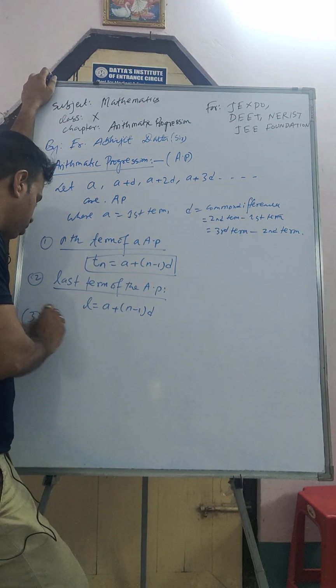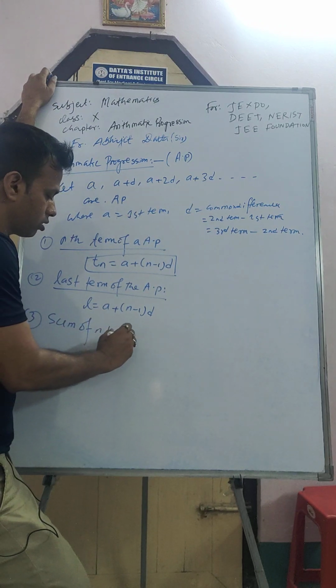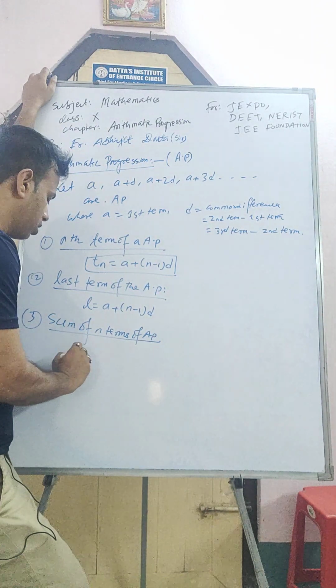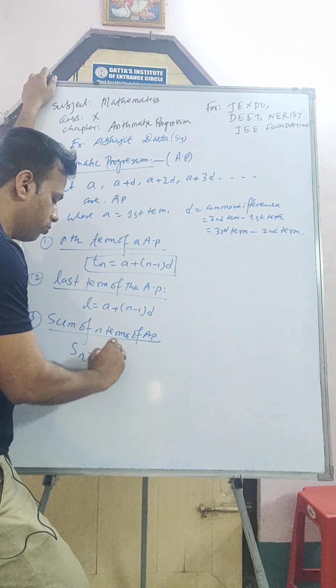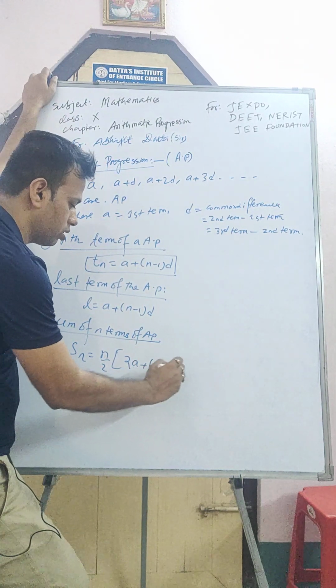Now the sum of n terms of an AP, that is Sn equal to n by 2 into 2a plus n minus 1 into d.